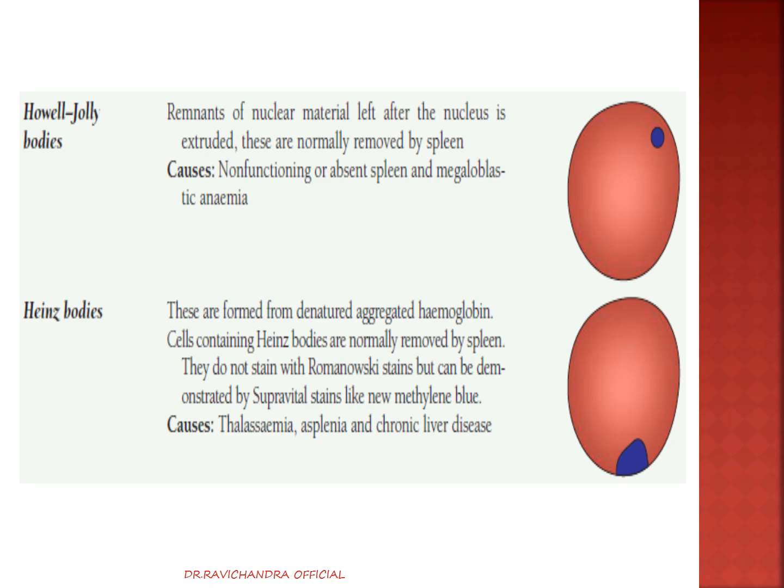Cells containing Heinz bodies are normally removed by the spleen and they do not stain with Romanowsky stains. They can be demonstrated with the help of supravital stains like new methylene blue, brilliant cresyl blue, or brilliant cresyl green. Causes for Heinz bodies will be thalassemias, asplenia, and chronic liver disease.